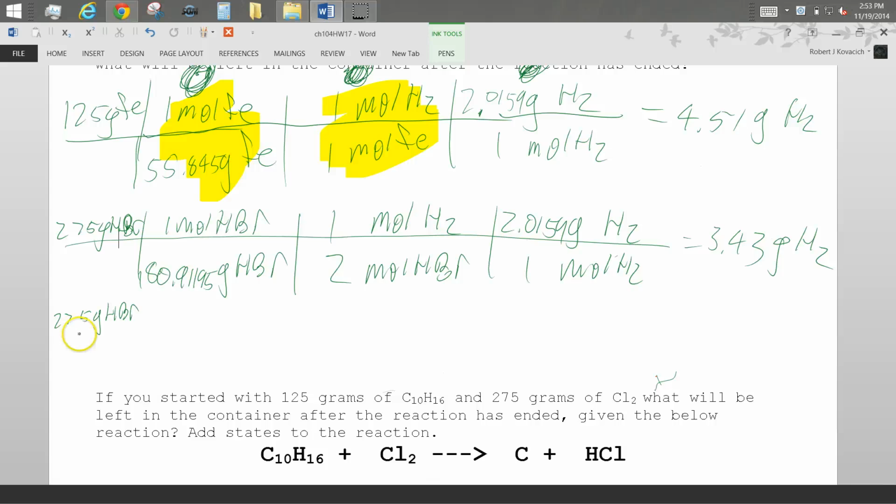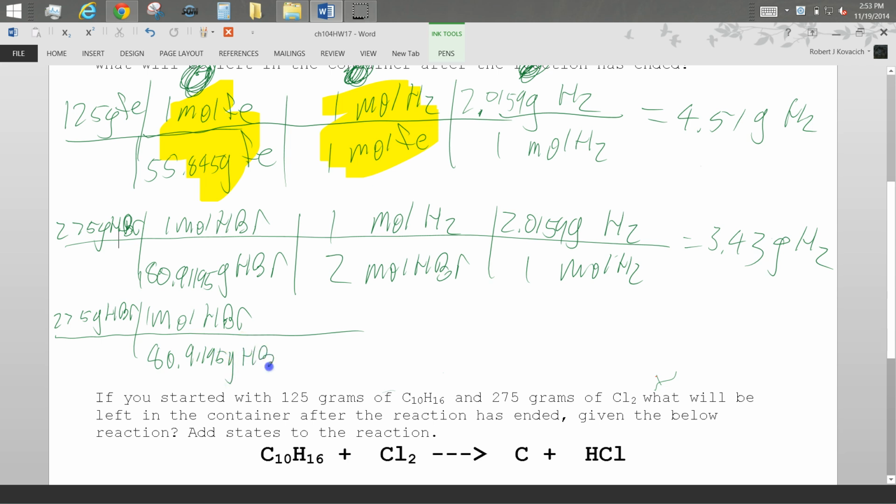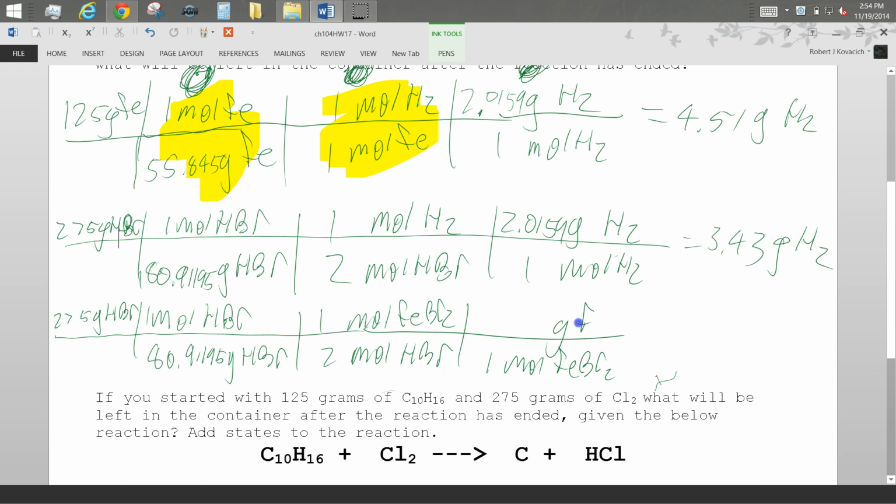So my hydrobromic acid here, and then I'll put 1 mole HBr, and then I'll put 80.91195 grams of HBr, and then 2 moles of HBr, and 1 mole of iron 2 bromide. And then for every 1 mole of iron 2 bromide, I have grams of iron 2 bromide.